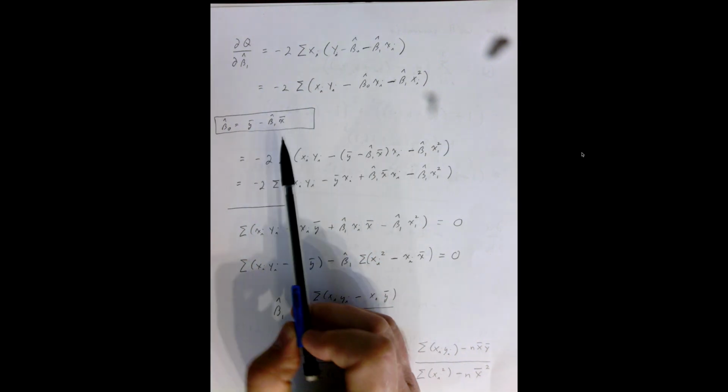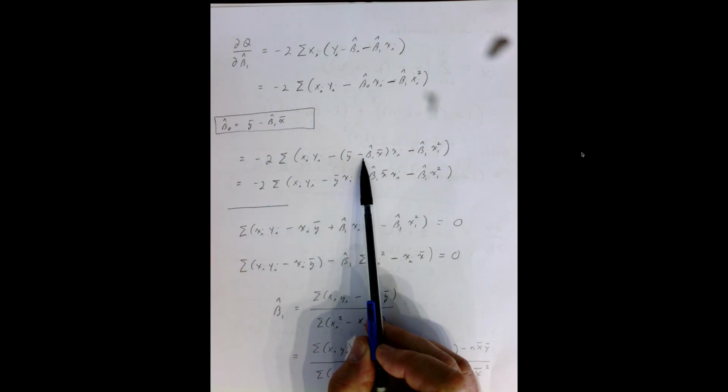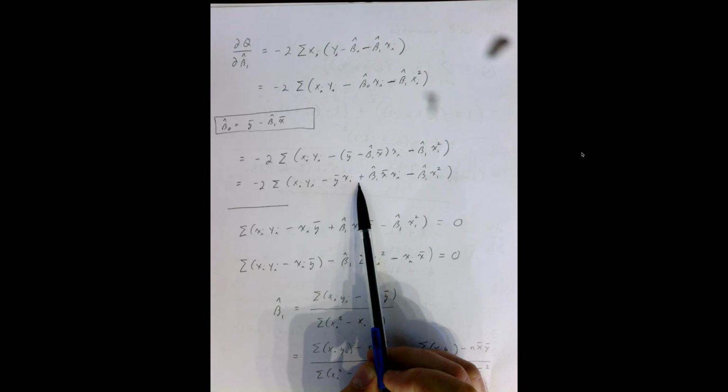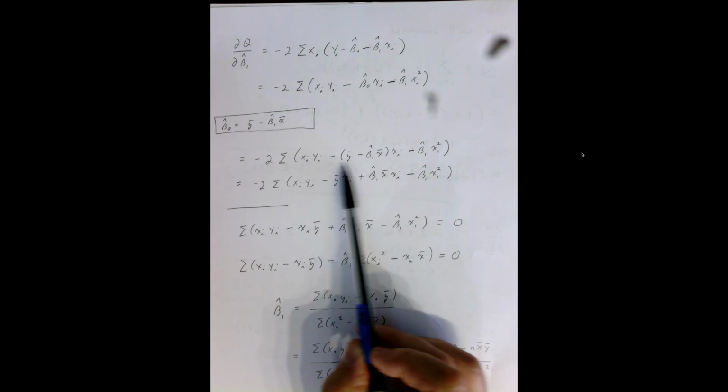Keeping in mind from what we found on the previous page that we have this relationship for beta hat sub 0, I use simple substitution to enter that expression in for beta hat sub 0. And in this, all I did is just distribute the negative sign to this term.